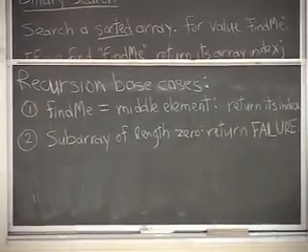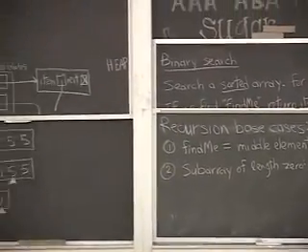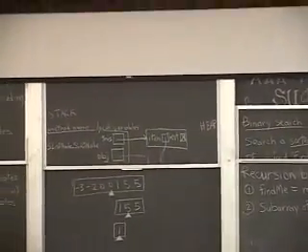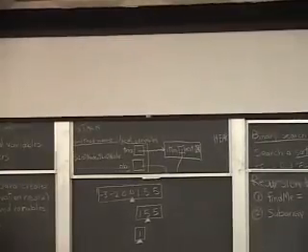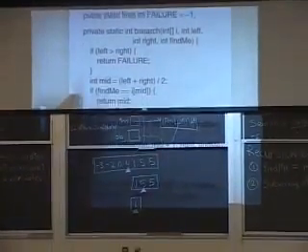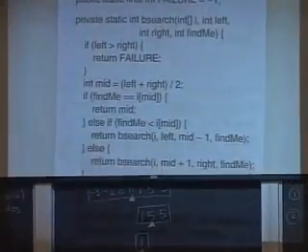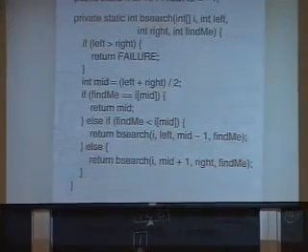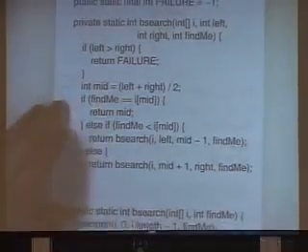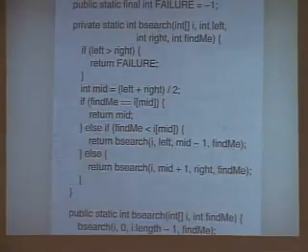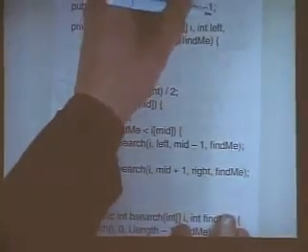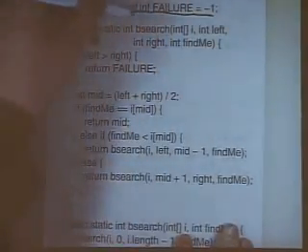And again, this is on the piece of paper that I handed out. So you've got it in front of you. So you can see at the top, I've set failure as a constant. It's final.